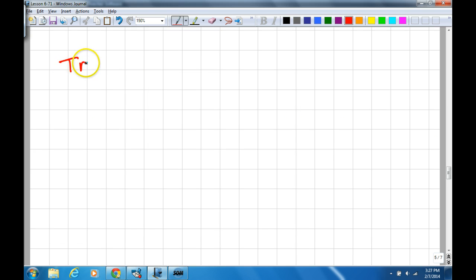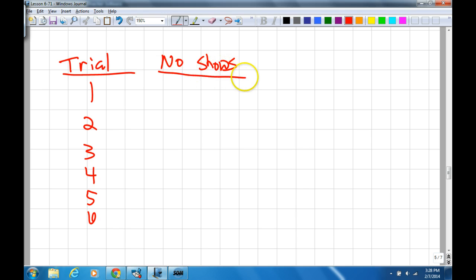So again, after putting it on my random generator on my calculator, I have 6 trials on the number of no-shows, and that's when it only shows up as a 0. You can have a number of 10, but that's not what I'm talking about. I mean a pure 0.